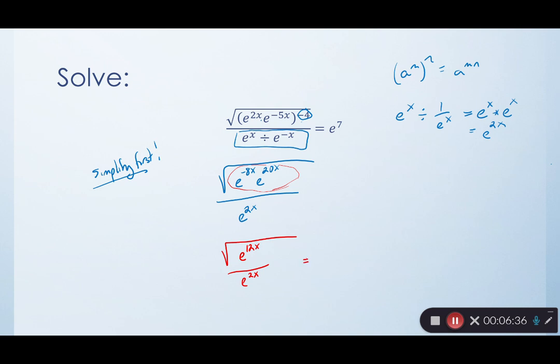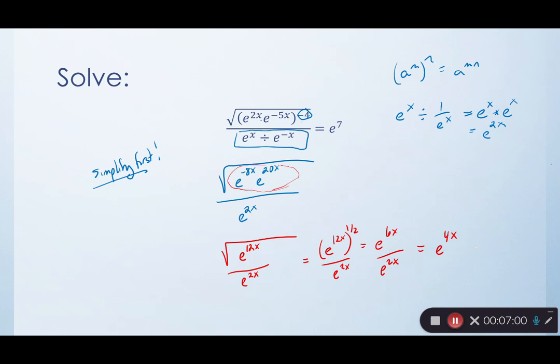And then we're going to finally get rid of that square root. You could have done this earlier, it's fine. We've got e to the 12x to the 1/2, which will be e to the 6x then. And then we're going to simplify that. Remember, when you've got a quotient with exponents, you subtract. So 6x minus 2x is 4x.